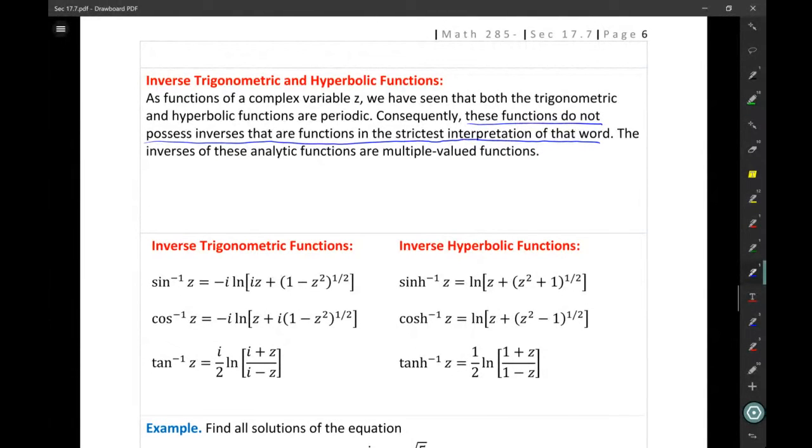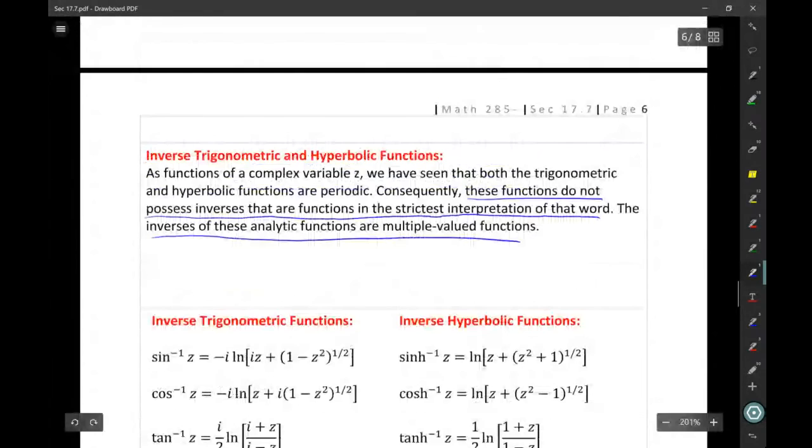I mean, the inverse for those functions will be exactly multiple valued functions. Why multiple valued functions? Because sine of Z, it is defined by exponential here for the complex.